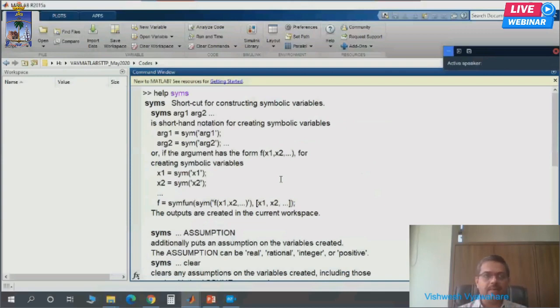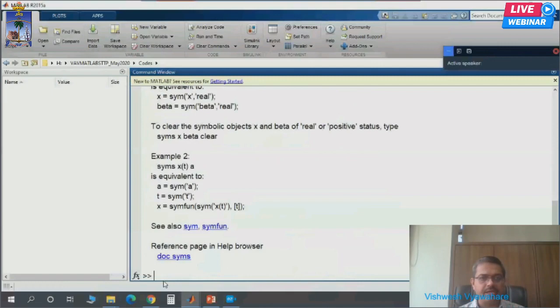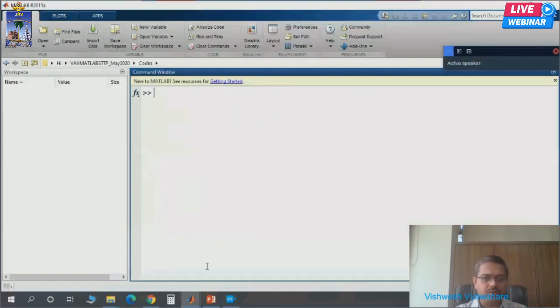Now I want MATLAB to use symbolic variables. When I write x, I need not store any value into that. x can be used as a symbol, which is known as a symbolic variable. This can be used in MATLAB using this command syms, because we want to calculate derivatives and integrals.